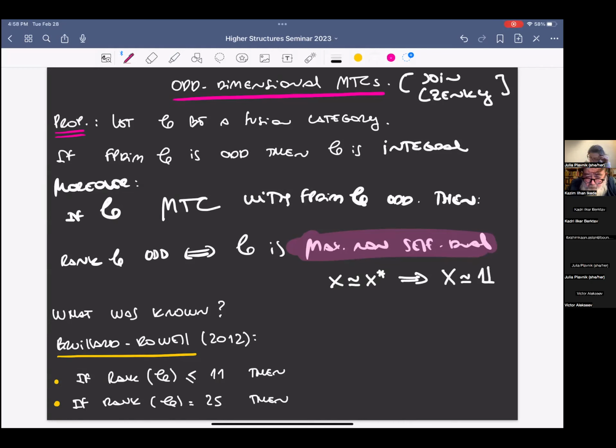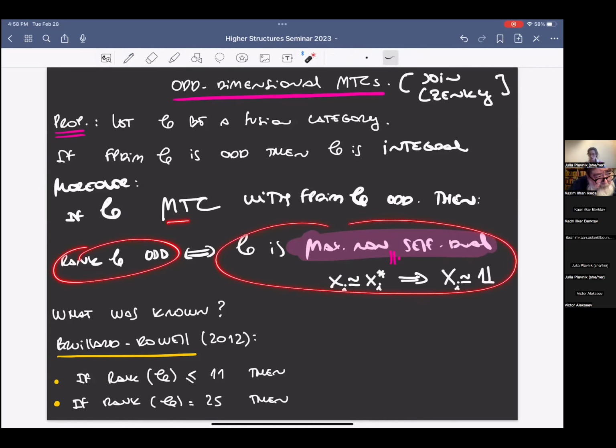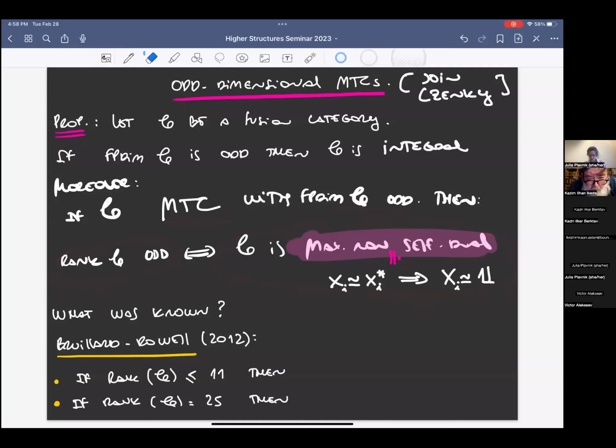So this is the definition: if X is simple and self-dual, it must be the unit. So for odd rank, this is always true. In the modular case, it is also true when the dimension is an odd integer.